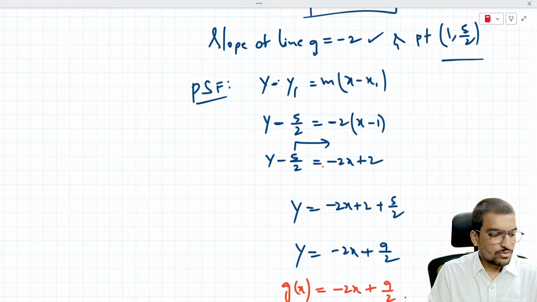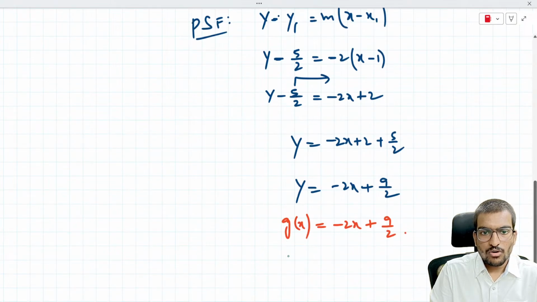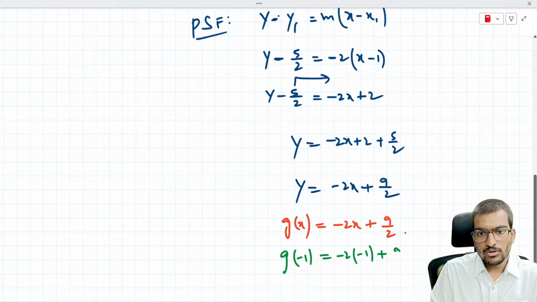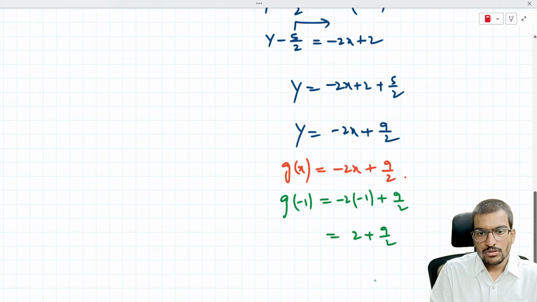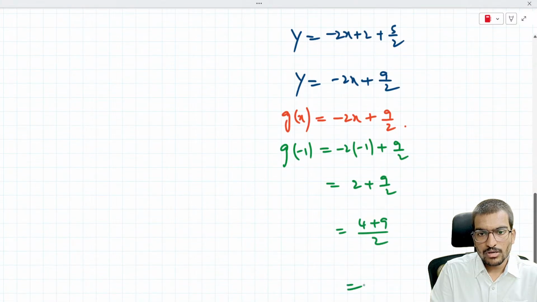So what I'm going to do now is I just substitute g of -1. This is what I'm doing. -2 times -1 plus 9 by 2. So that equals 2 plus 9 by 2. 2 plus 2, 4. 4 plus 9 by 2. That is 13 by 2, which is 6.5.